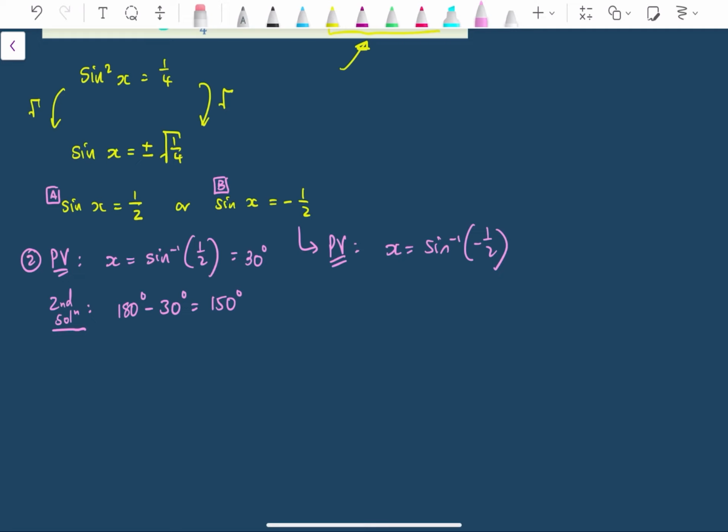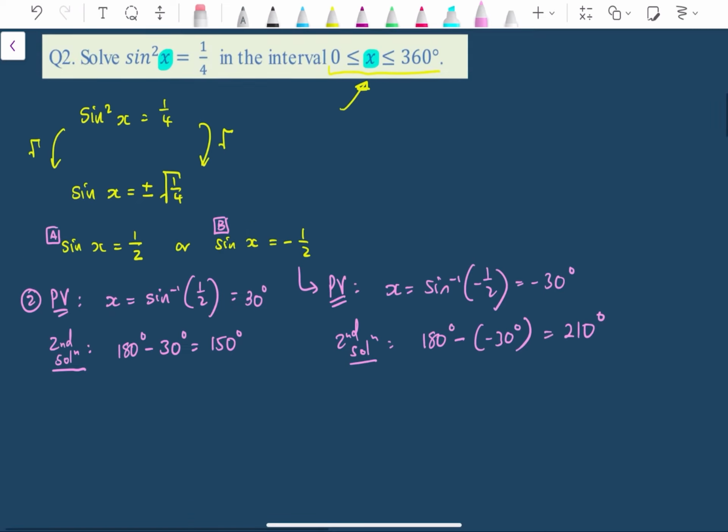So I'm going to do inverse sine of negative 0.5, which gives me negative 30 degrees. And then my second solution is going to be 180 degrees subtract negative 30, which becomes 210.